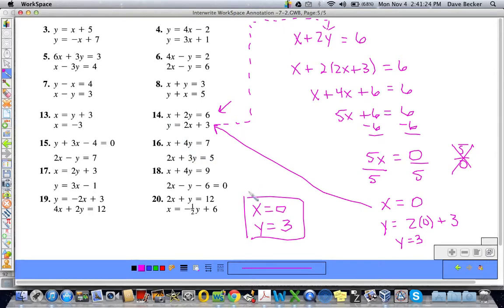Replacing x with 0, is 0 plus 2 times 3 equal to 6? It certainly is. And is y equal to 2 times 0 plus 3? Replacing y with 3, does 3 equal 2 times 0 plus 3? Certainly does. So we know we're right.